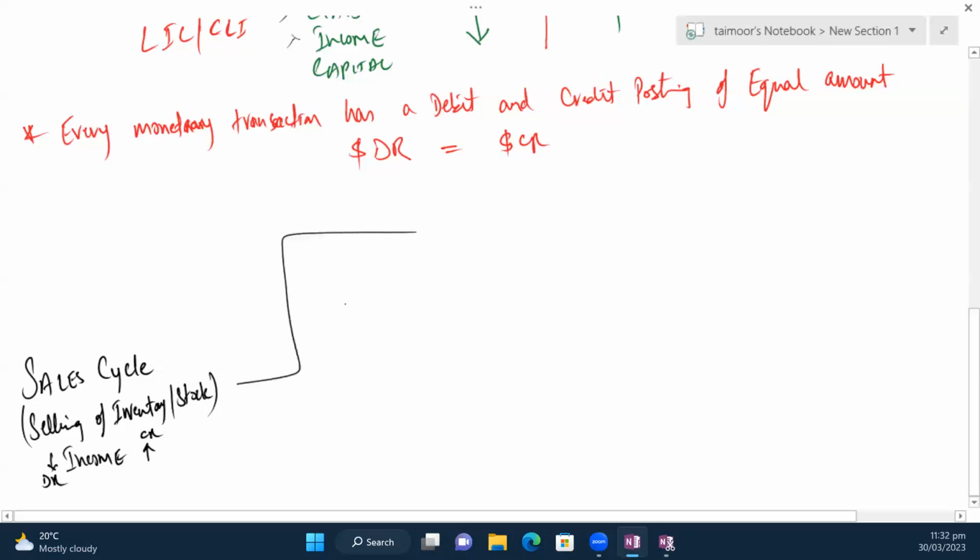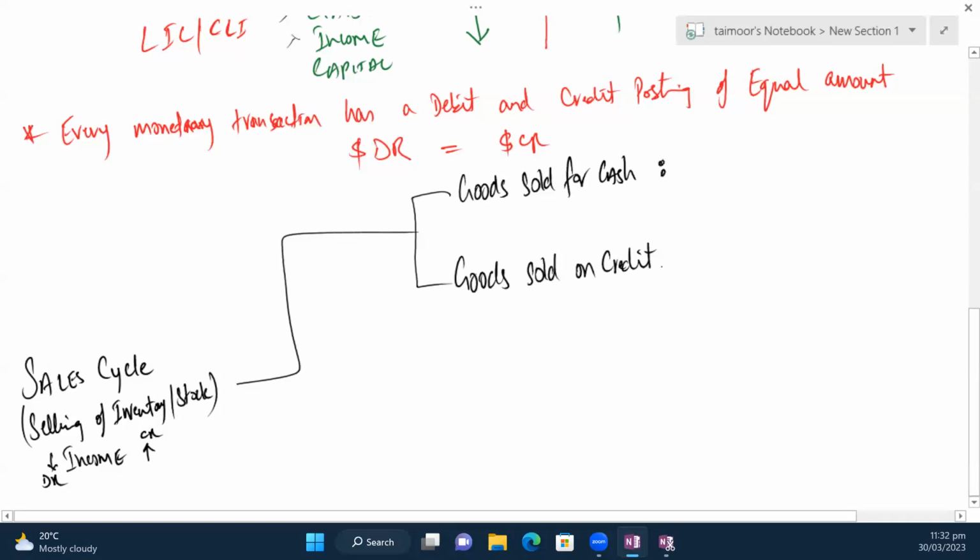Okay. तो sales cycle में I can take like goods sold for cash and goods sold on credit.